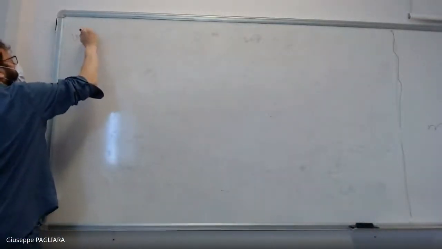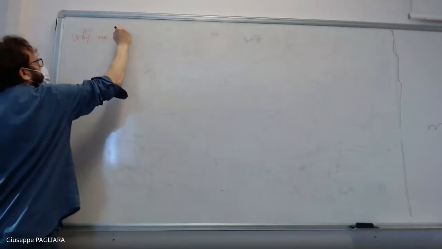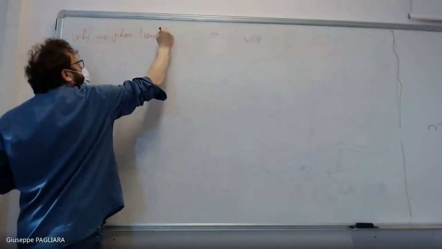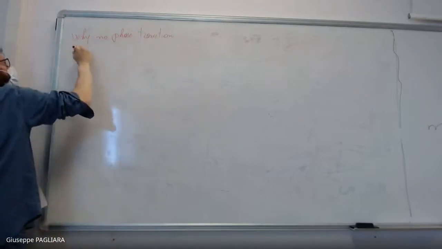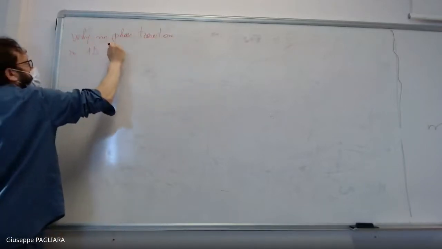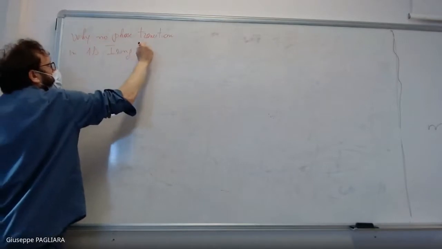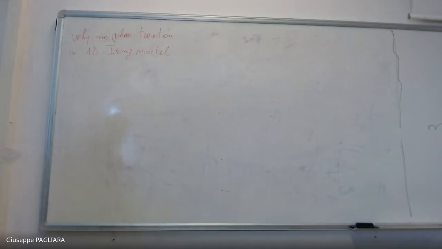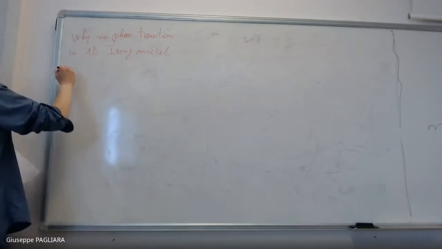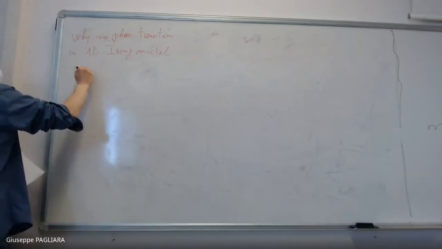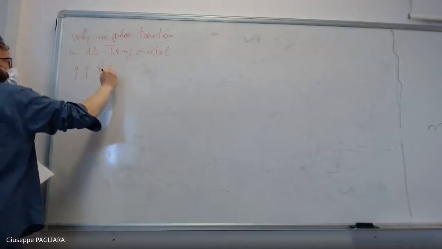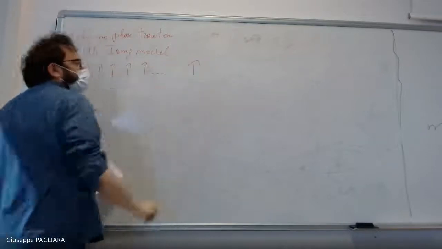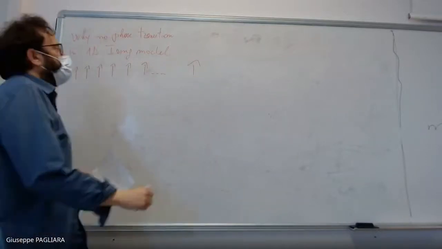So why no phase transition in the 1D Ising model? Well, the thing is the following. Suppose that you start in a situation in which all the spins are aligned. Okay, you start with this configuration.